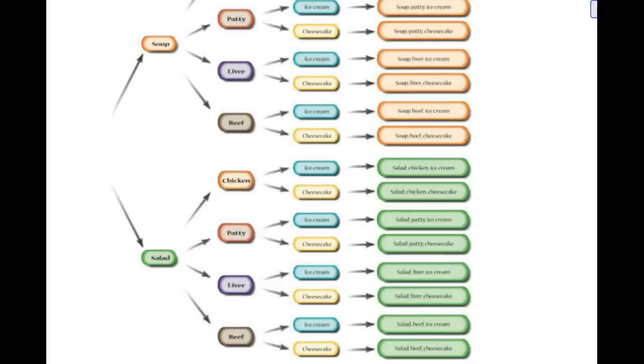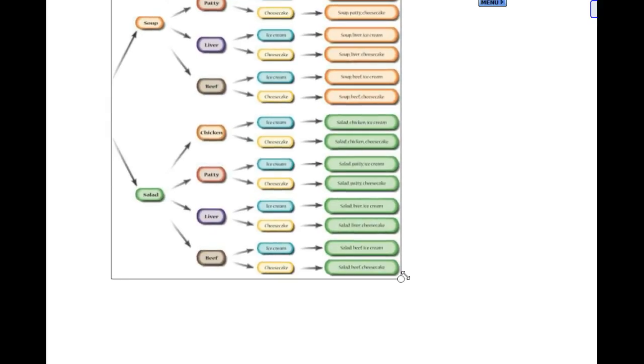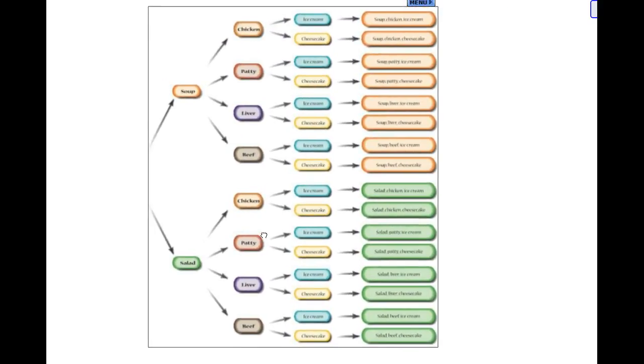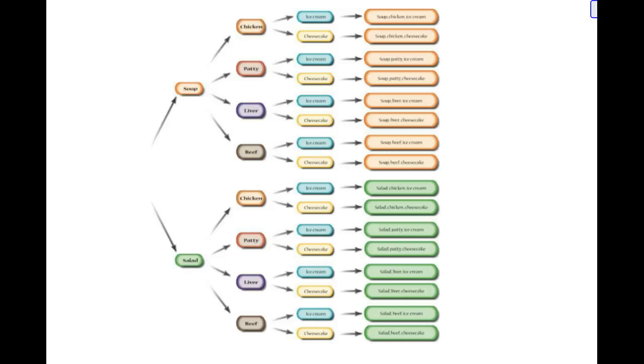The first option is your appetizer. You can have either a soup or a salad. I can fit it all on the screen here a little bit. For the entree, you can have chicken, a beef patty, liver, or the roast beef, and that's whether you get the soup or the salad.